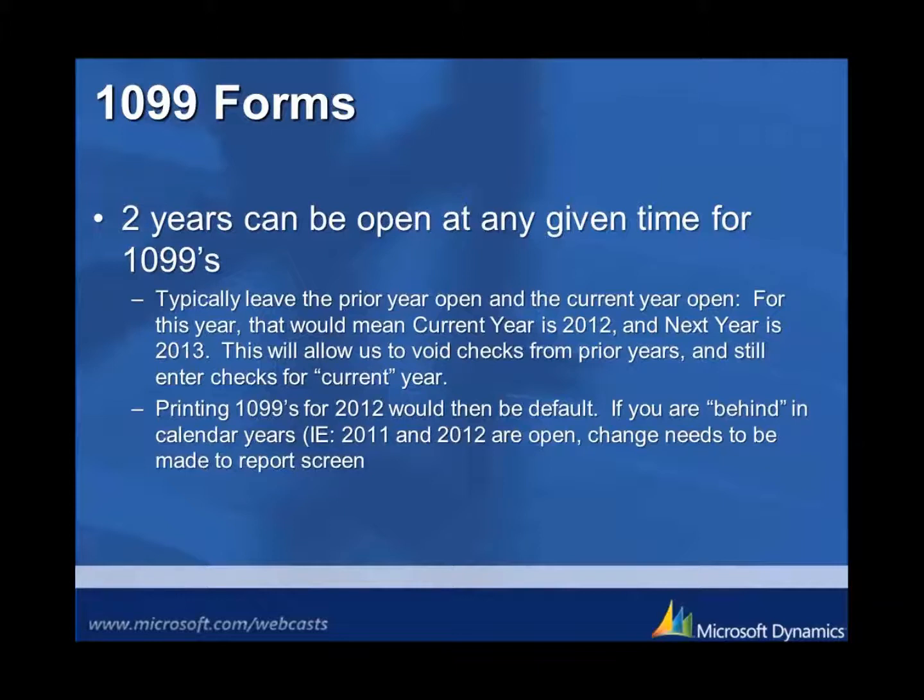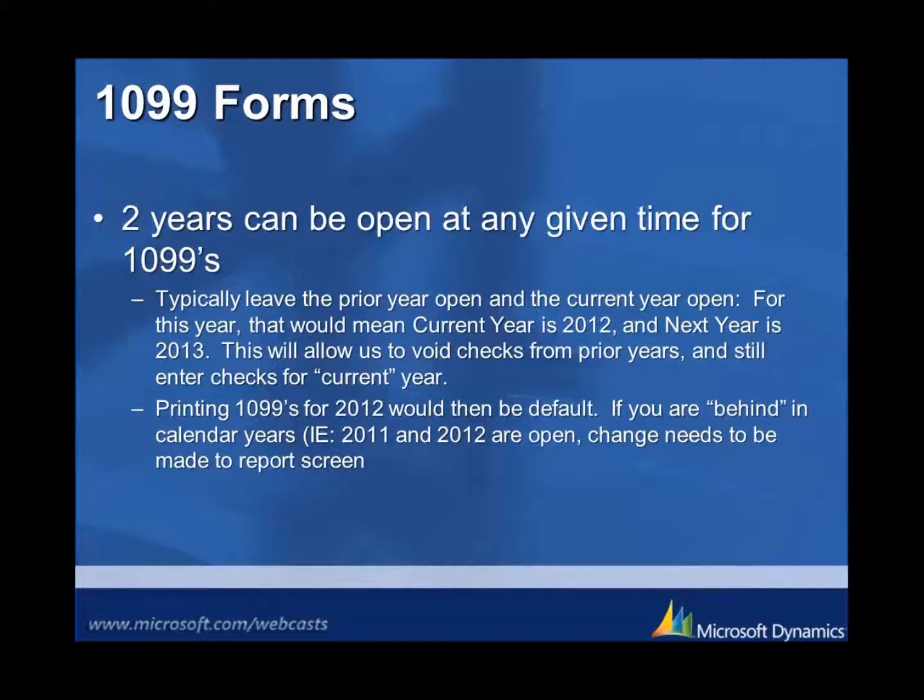Now, 2 years can be open at any given time for 1099s. What we typically do is we leave the prior year open and the current year open. So in descriptive terms, come December 31st, what I would do is I would close my 1099 year, but basically what it would be is that I would have 2012 as my current year and 2013 as my next year.